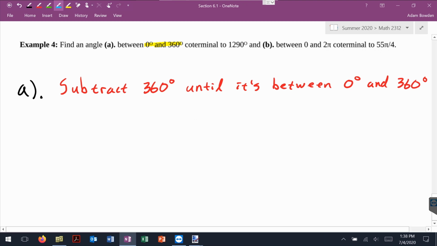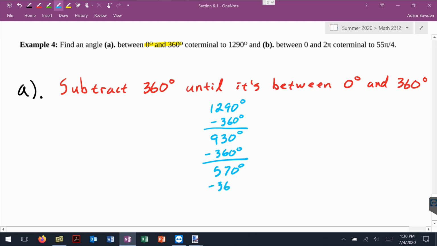So for 1290, let's see how that goes. If I subtract 360 degrees from that, I'd be left with 930 degrees. If I subtract it again, I'll come out with 570 degrees.